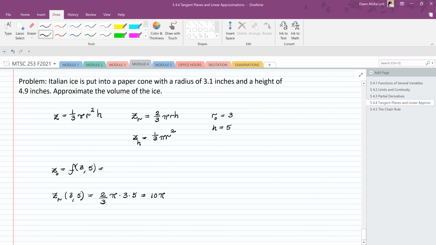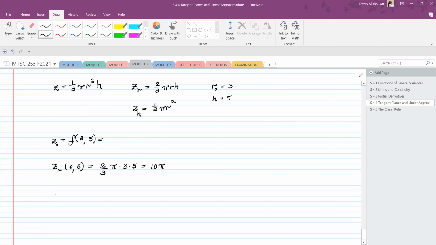And Z sub h at 3, 5 is 1/3 pi times 3 squared. So that's 3 pi. And then Z naught itself is 1/3 pi r squared times h. 15 pi.